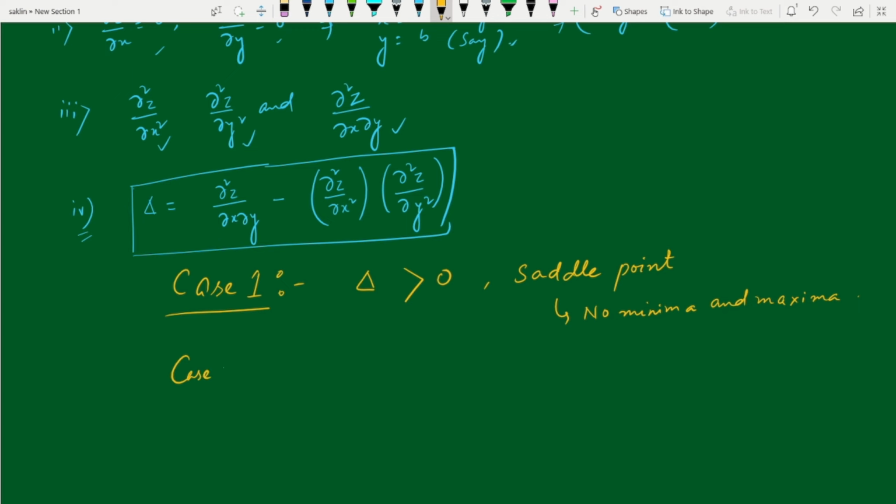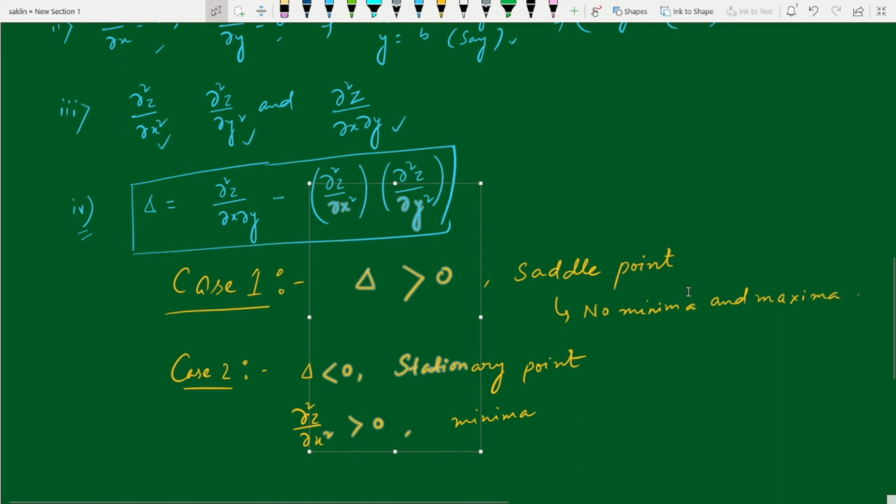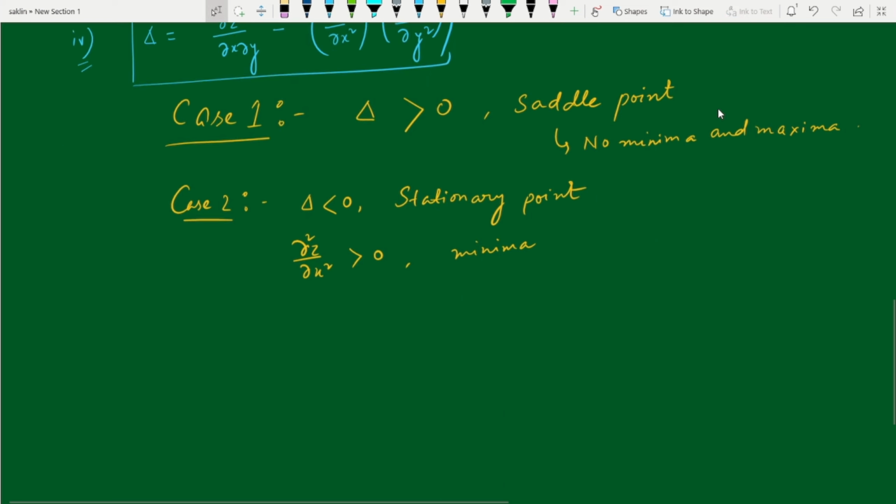Case 2, if del is less than 0, then it will be a stationary point. And if the double derivative with respect to x is greater than 0, then it will be minima. Similarly, as we have done.